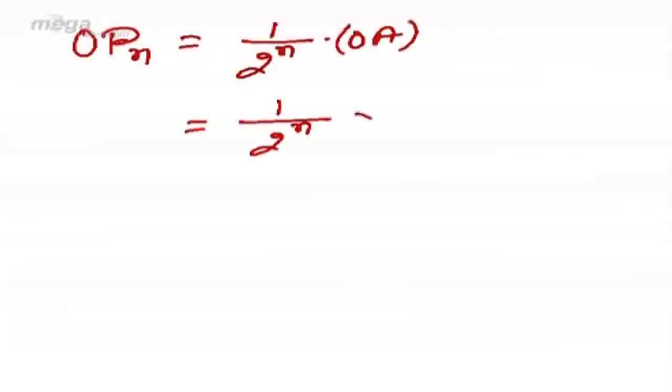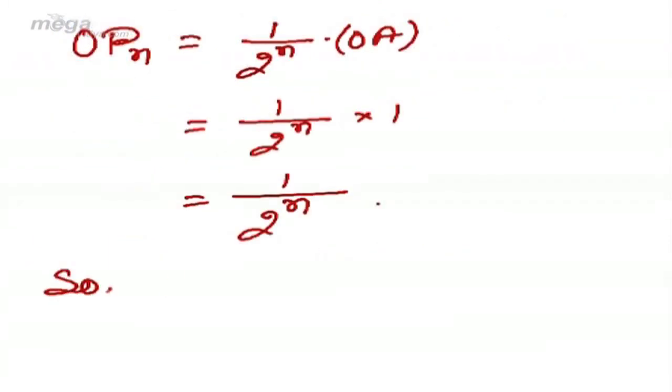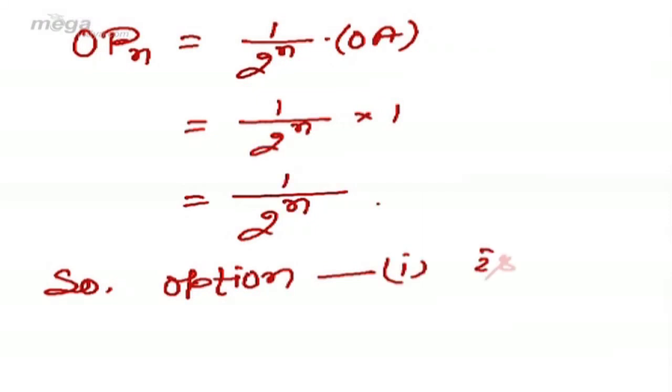Hence OPn equal to 1 upon 2 raised to power n into OA, and OA is given as 1, so we write into 1, that is 1 upon 2 raised to power n. Hence student, according to the options, option number 1 is the correct answer.